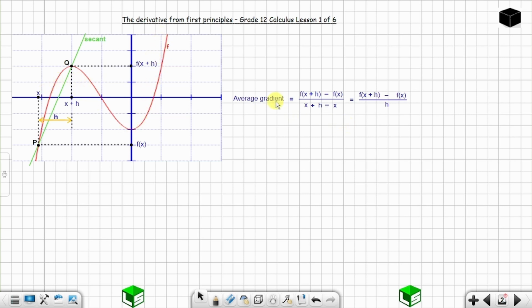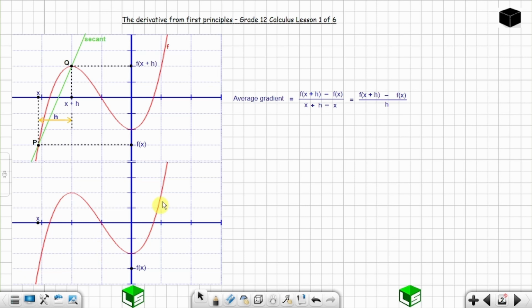Now we are going to use this knowledge and see how we can find the gradient of a tangent. So you still have your graph, the graph of f, right? And you have point Q right there. You still have the same coordinates, x plus h and f of x plus h. You know that a tangent line is going to touch this curve only at one point.